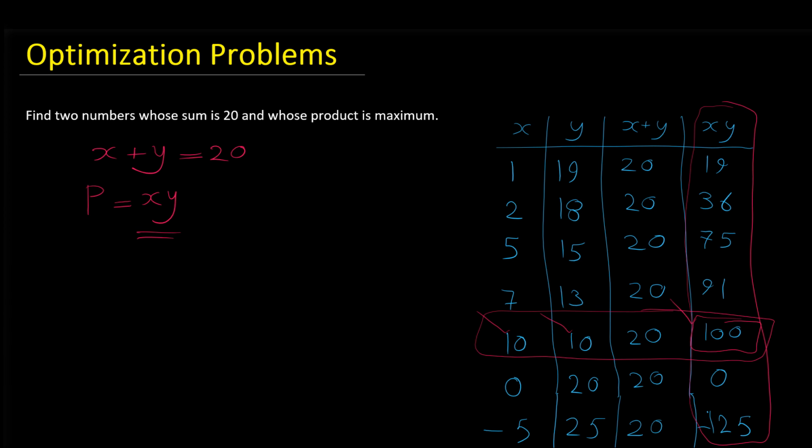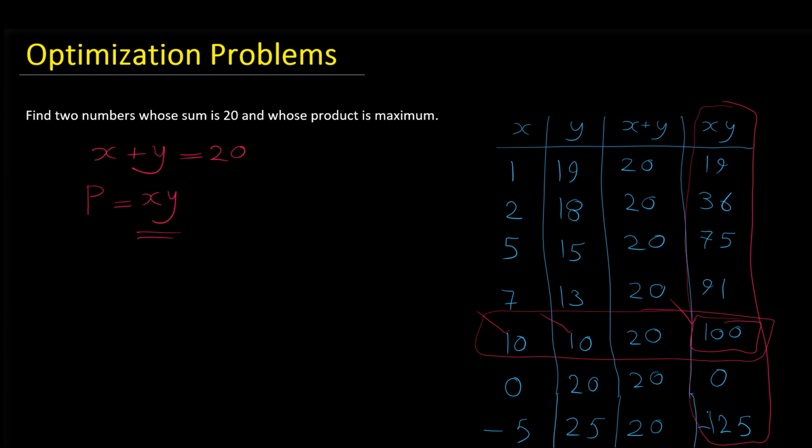But for finding critical points, we have to have one variable in our function. But here, the product is in terms of x and y. So we have to try to rewrite this product in terms of only one variable. That variable can be x or y, but we have to make it only one variable.